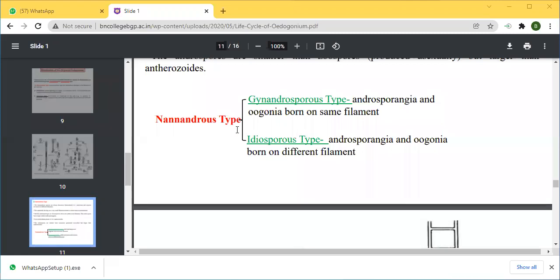If both are born on the same filament, that is called Gynandrosporous type. Idiandrosporous means different: androsporangia, meaning male, and oogonia, meaning female, are born on different filaments. That is called idiandrosporous. Did you understand? What is gynandro? What is idiandrosporous? Yes, girls?